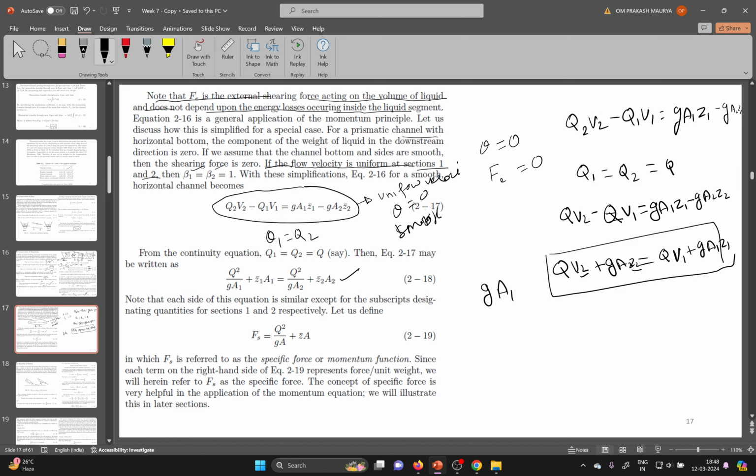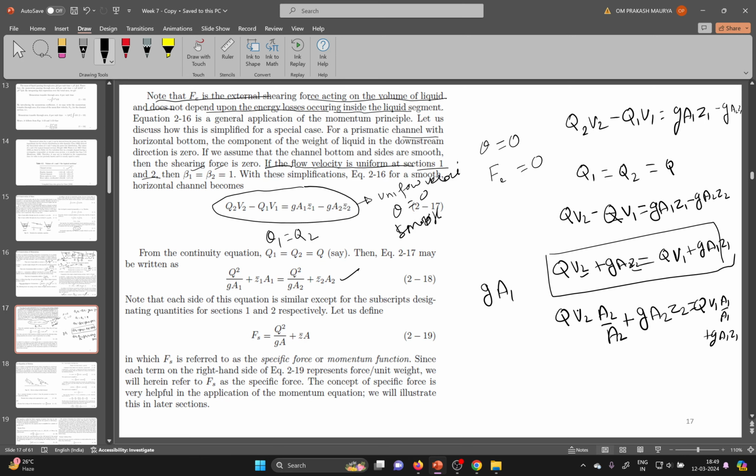so here is the velocity, so v2 is nothing but basically q, v2 a2 by a2. If we do these things here also, g, I will do the another line, q, v1 a1 by a1 and g a1 z1.